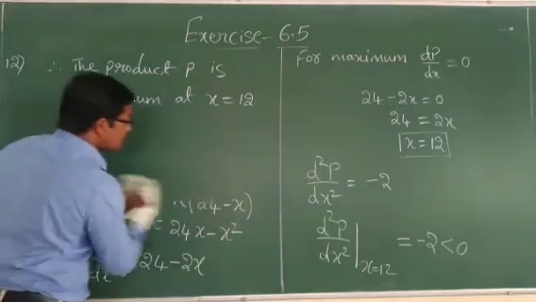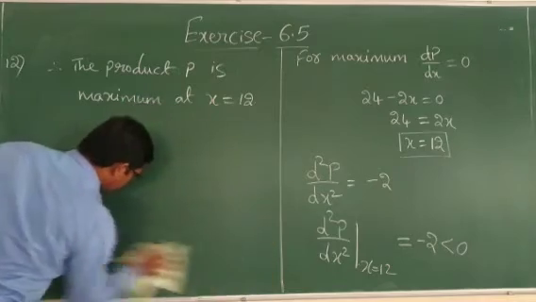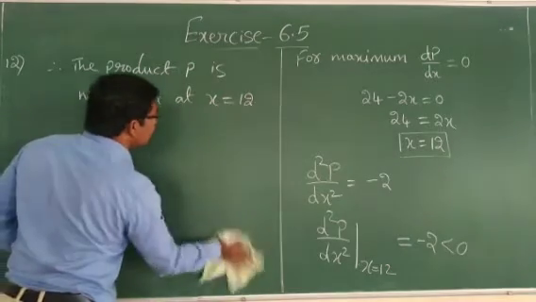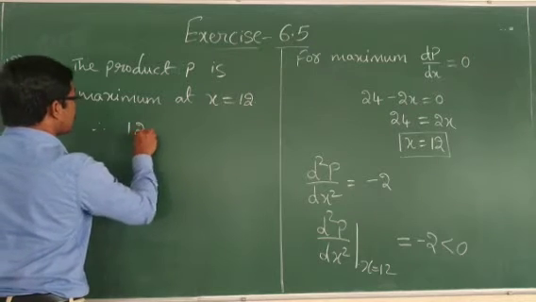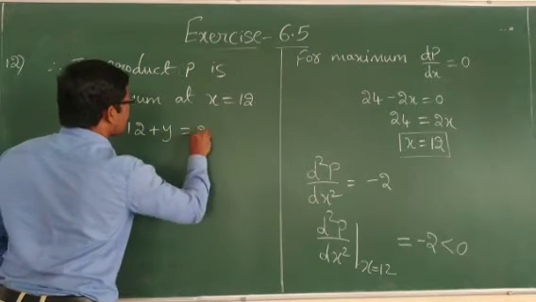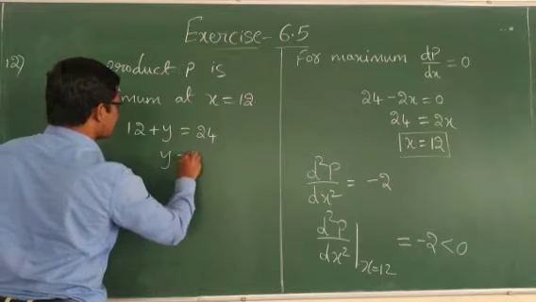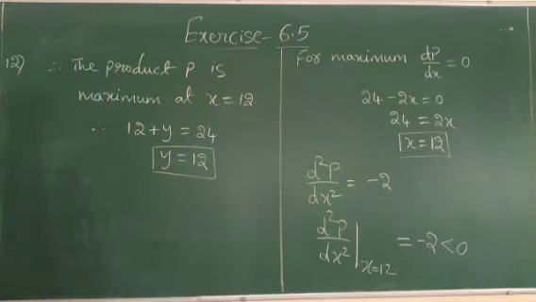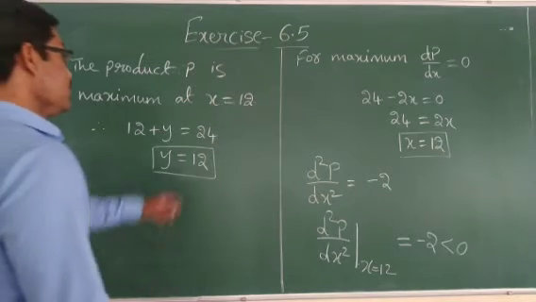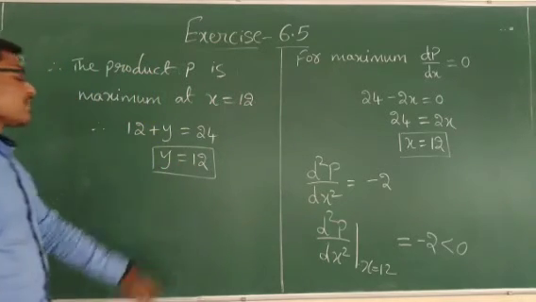We can substitute this x equal to 12 in the equation x plus y equal to 24. Therefore 12 plus y is equal to 24. So we get y is equal to 12. So that means the product is maximum when x equal to 12 and y equal to 12.